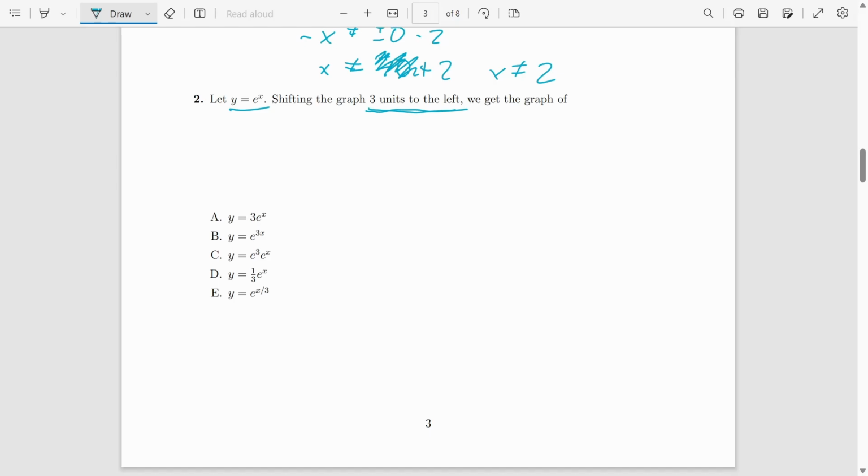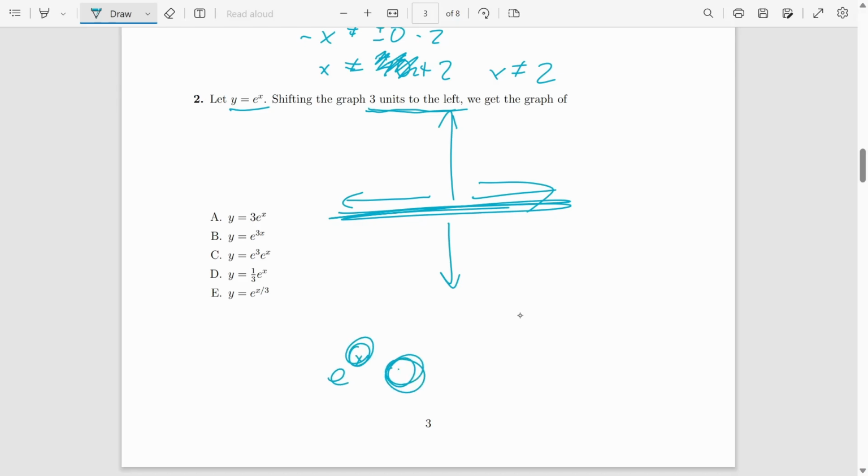So we're doing 3 units to the left, and left and right are horizontal actions, moving it up and down are vertical. So whenever you are acting horizontally, whatever your function is, you always want to be acting on the x and not outside of it. So we have a horizontal function, and we are moving it to the left, so we end up doing it on the x here.